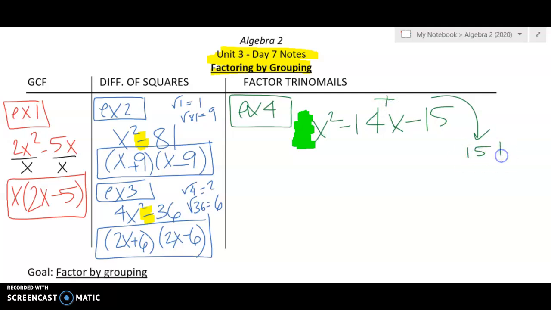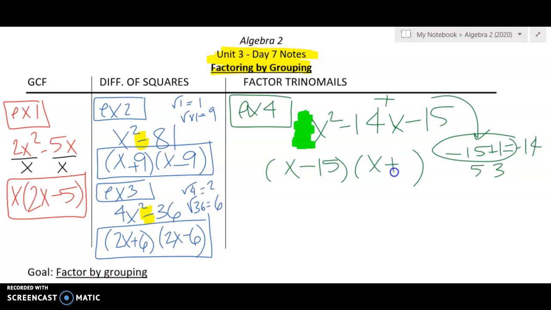So 15 times 1 and 5 times 3. That's my only two numbers that multiply to 15. So then you have to decide, should you use the 15 and the 1 or should you use the 5 and 3? I'm going to use a negative 15 and a positive 1 to get me the negative 14 that I want. There's my combo. So when I write this as my factors, I need to separate x squared into x and x. One of these needs to be a negative 15 and one of these needs to be a positive 1. And that's how you would have your answer.